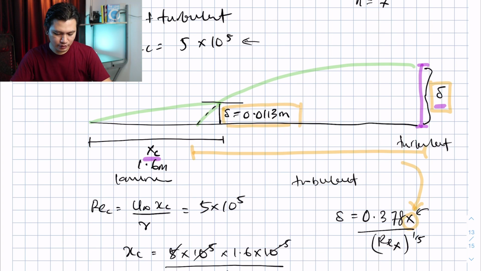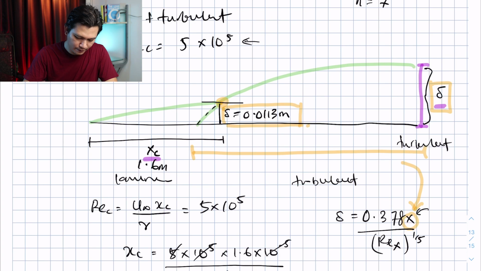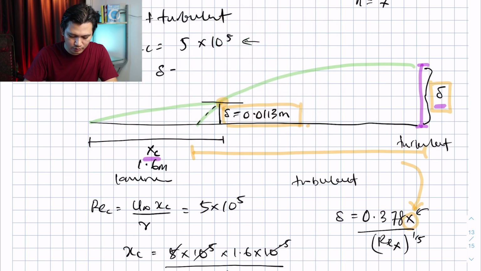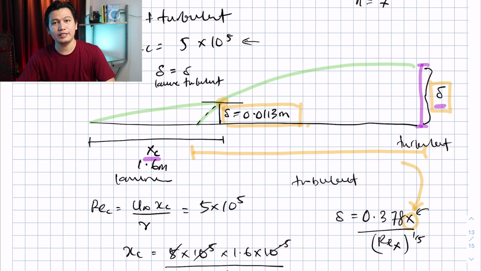If you notice, this is the point where del for laminar is equal to del for turbulent, because the laminar and turbulent curves intersect here. Why is it important? Because you have the relationship between del and x.